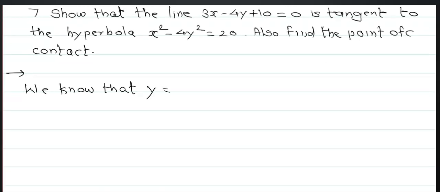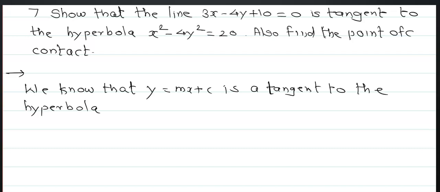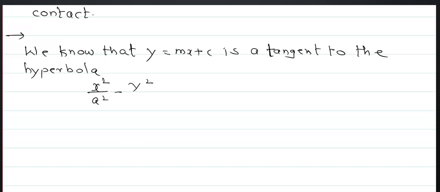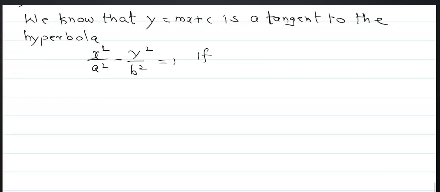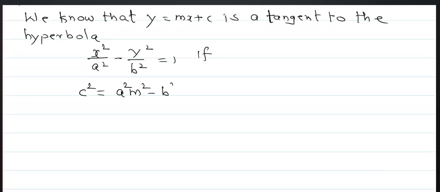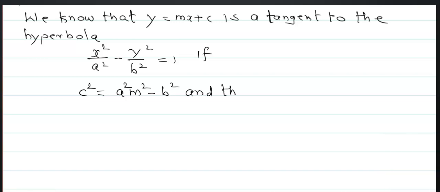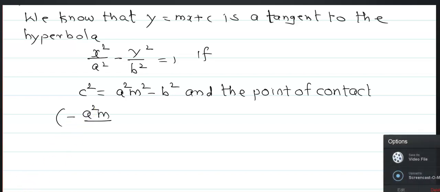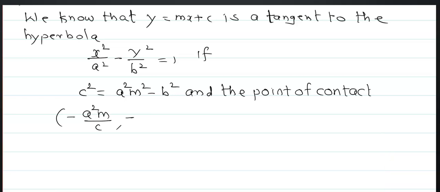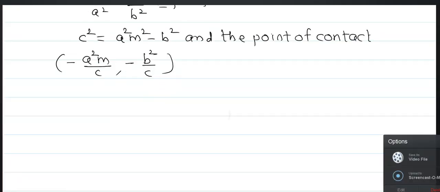We know that y is equal to mx plus c is a tangent to the hyperbola x²/a² minus y²/b² is equal to 1 if c² is equal to a²m² minus b², and the point of contact is (minus a²m upon c, minus b² upon c).